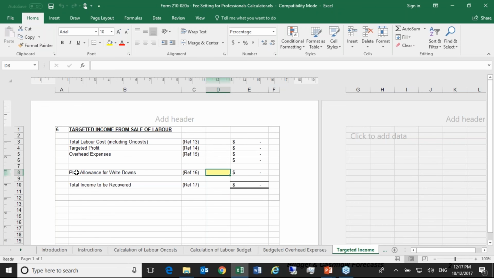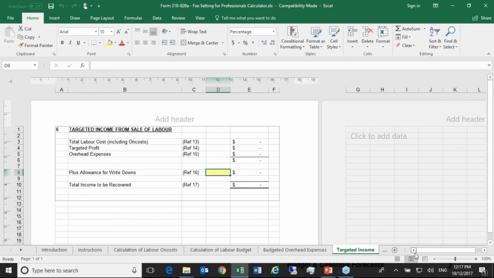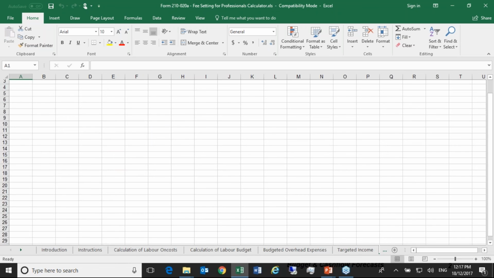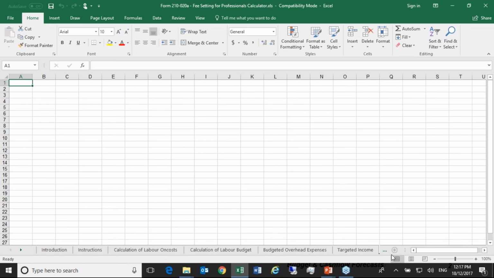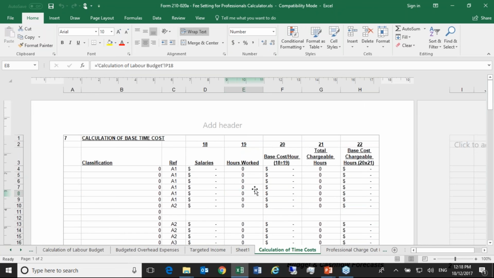Allowance for any write-offs is inserted, and the total income to be recovered is then able to be determined. We then have a similar formula for the calculation of base time cost as what we had in trades. So the system will calculate that figure.